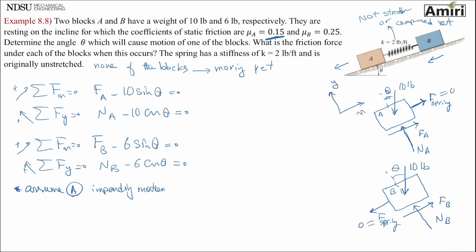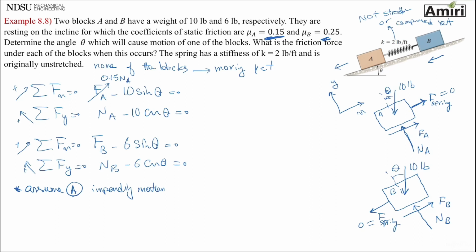The reason I'm assuming this is I'm looking here, I see a lesser coefficient of friction at A. So I'm assuming A will start slipping first because they have the same weight and everything. And then I can check the assumption to make sure it's correct. If A is in impending motion, then I can say this one is 0.1 NA.